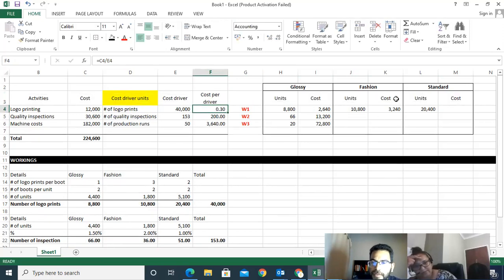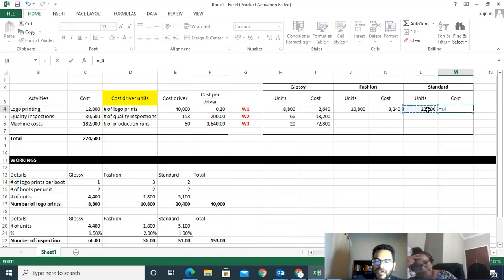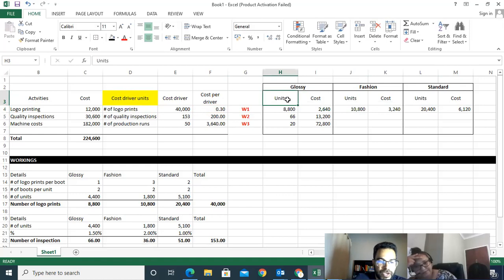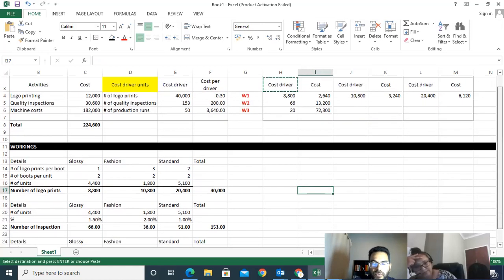And that's going to be its cost. And then over here is going to be 20,400 multiplied by the cost per driver. Maybe to change this, you can call it cost driver, then you don't get confused. And so that will do for that.